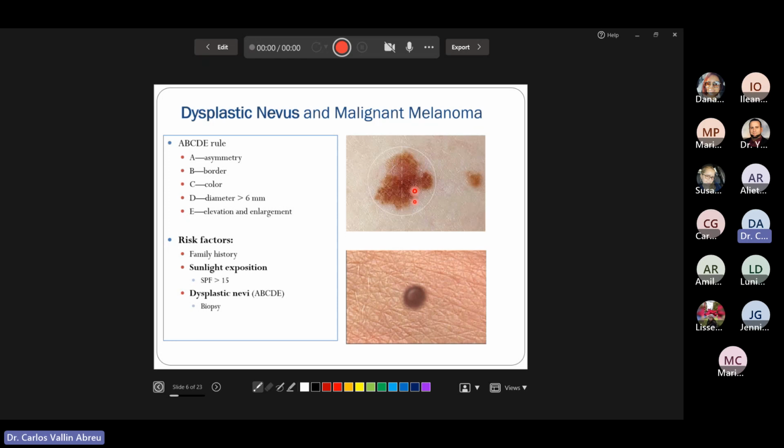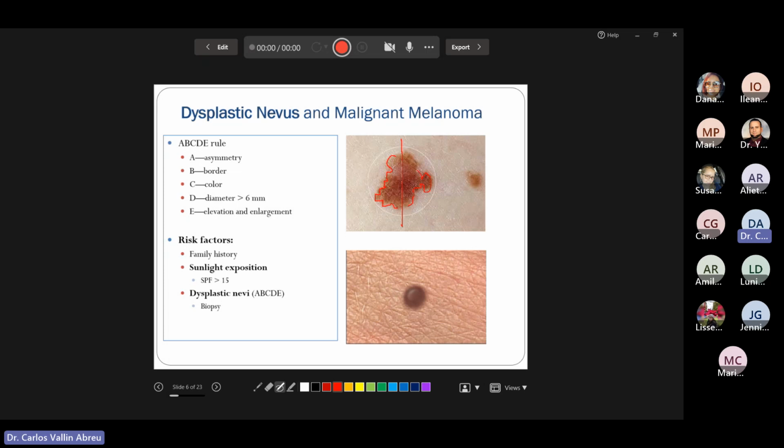In the picture at the top, we have a malignant or suspicious mole. At the bottom, we have a benign mole. So A stands for asymmetry. If we draw an imaginary line dividing the lesion in two parts, we'll notice that in malignancy one half is totally different from the other half.